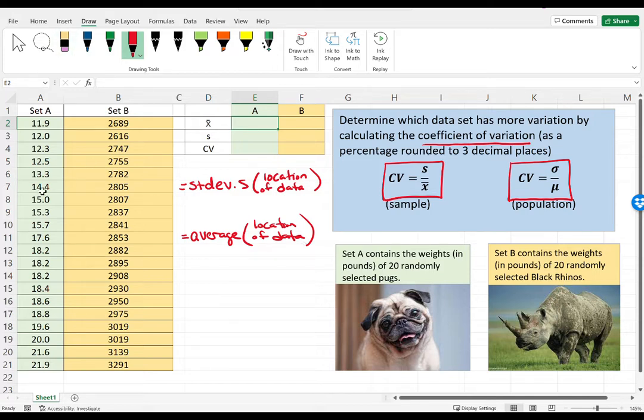So let's calculate the coefficient of variation for the weights of 20 randomly selected pugs. I'll do that here in column E. Okay, so we'll calculate the mean first. That's equal AVERAGE, parentheses, and our data is in locations A2 up through A21.